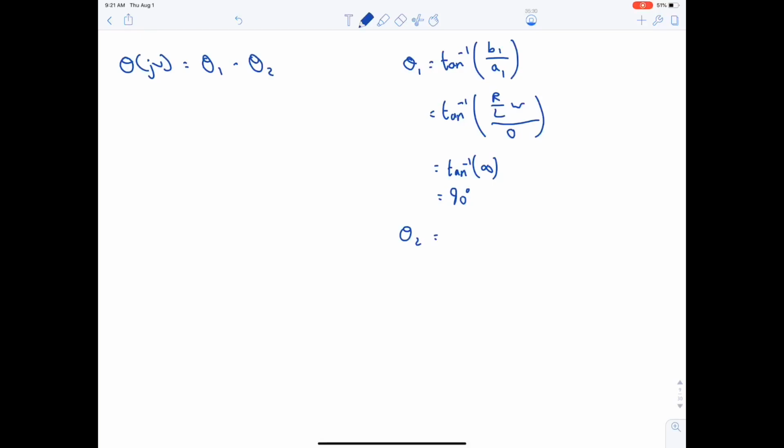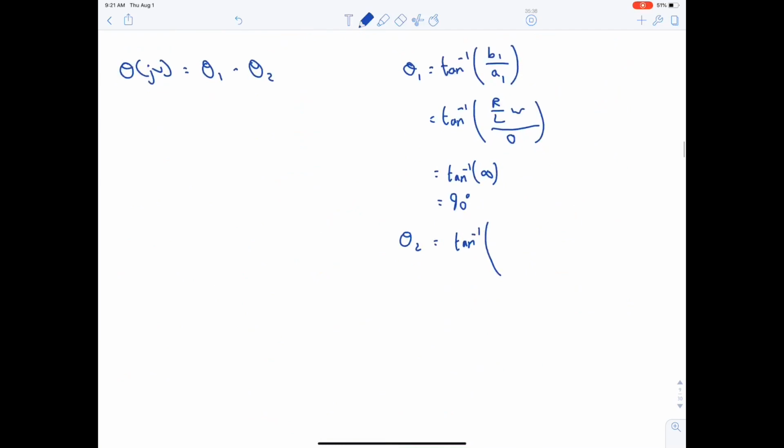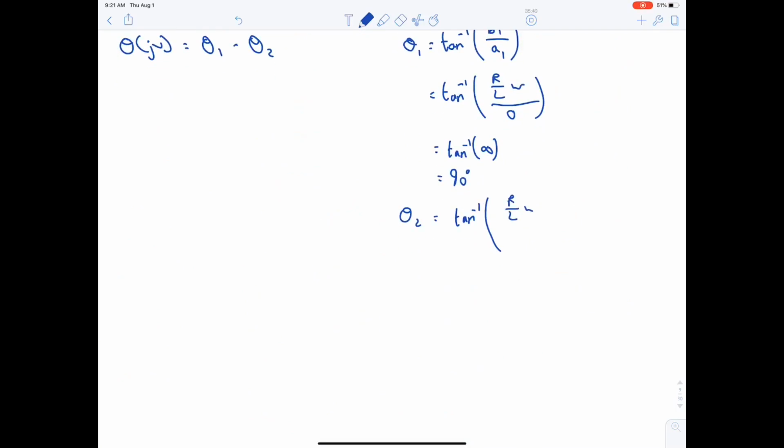Theta 2 is the same, tan inverse of B2 over A2. What's B2? It's R over L w, and A2 is 1 over LC minus omega squared.